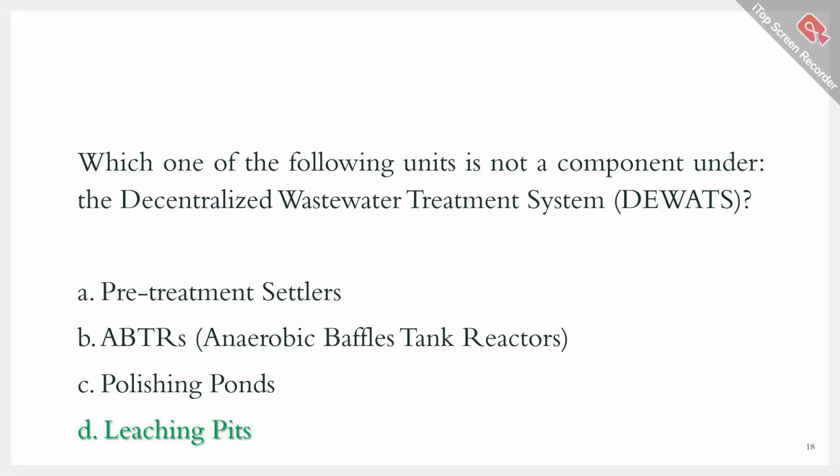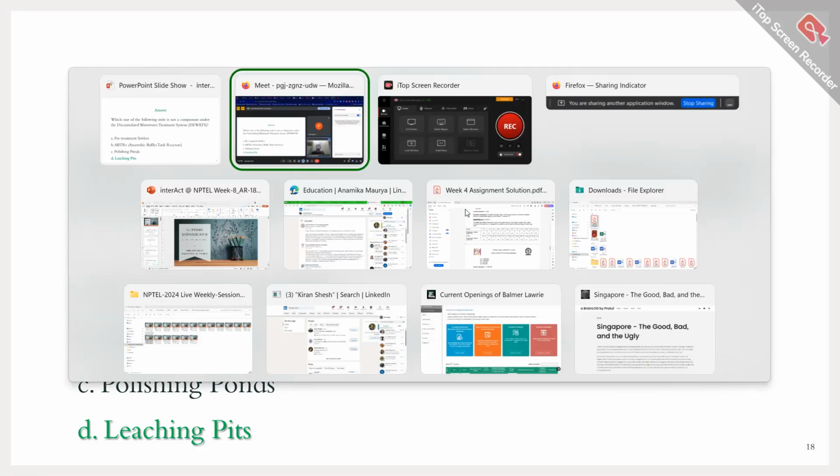So option D, leaching pits, is the answer. Leaching pit is the unit which is not a component under the DWATS. All the other units like pre-treatment settlers, ABTRs, polishing ponds, all of the three are components of the decentralized wastewater treatment system. Now we'll move on to our next MCQ.